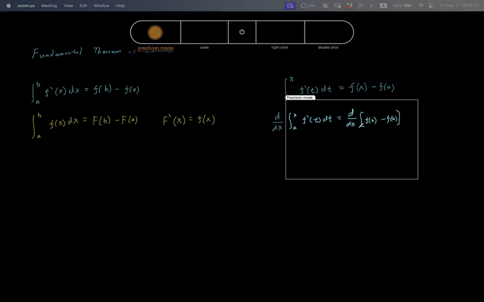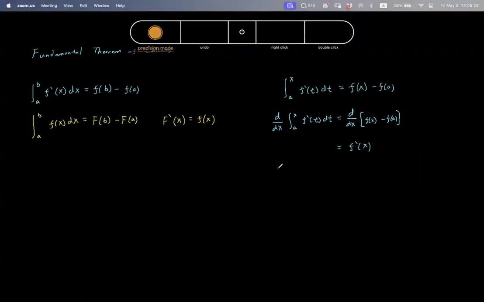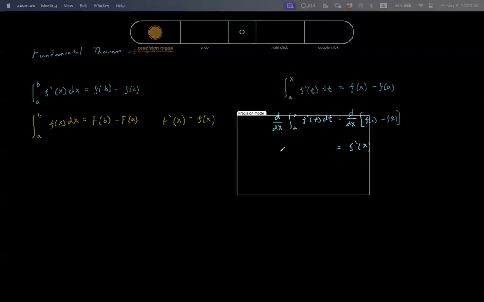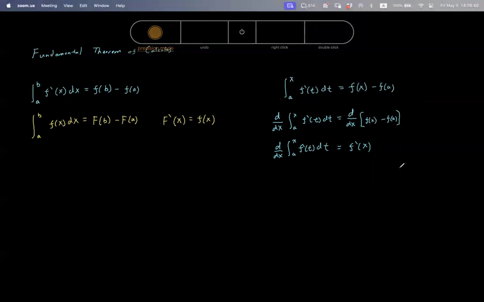And lo and behold, this part right here actually just becomes f prime of x. So essentially, we write this kicker over here, derivative with respect to x of the integral from a to x of f prime of t dt is equal to this right here.